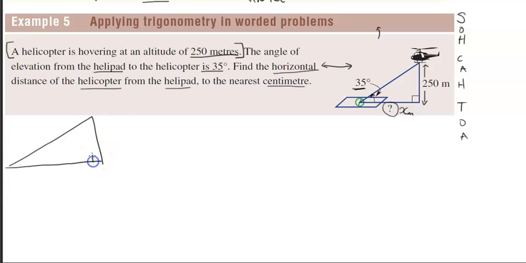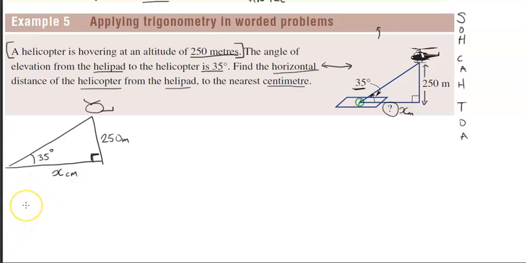There is a 90-degree angle here. The helicopter is here. It looks something like that. We know that this length here is 250 meters. We know this degree in here is 35 degrees, and this is what we're looking for.